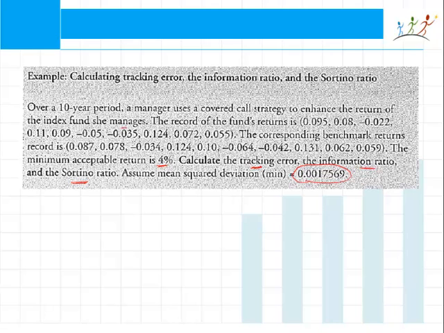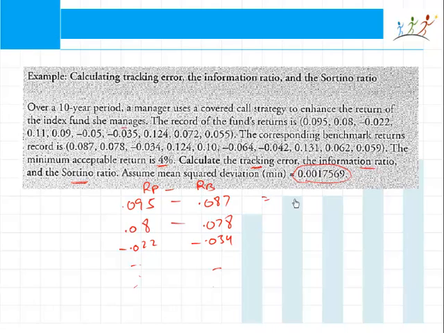So for the past many years, we are given the fund's returns, and we are given the benchmark returns 0.087, 0.078, minus 0.034, and so on. The active return can be calculated as the return on the portfolio minus the return on the benchmark.